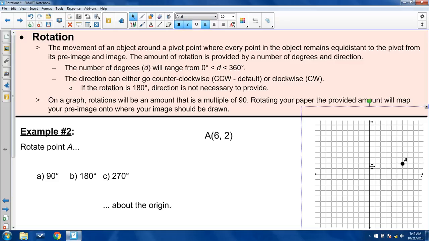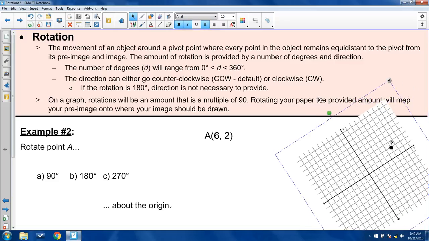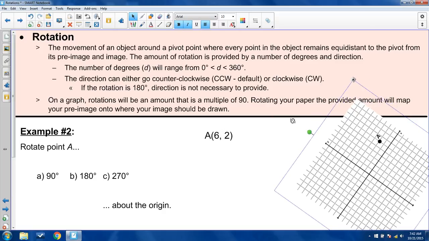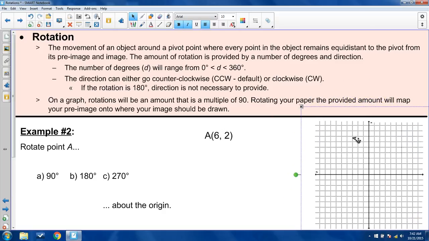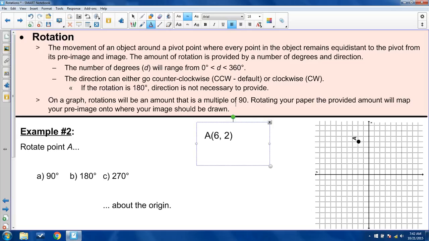This is the only way that this is working. A is rotating about the origin. Notice how the origin's not moving. And as it goes to 90 degrees here, this is where A prime is going to sit at the point -2, 6. I'm actually going to write that down right now and make sure that I know that that's where it's going to be placed.